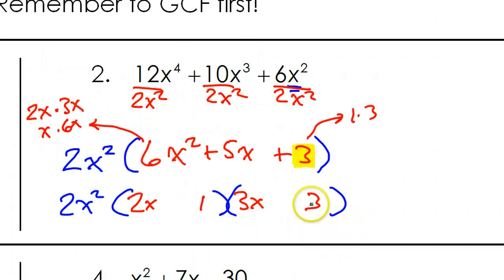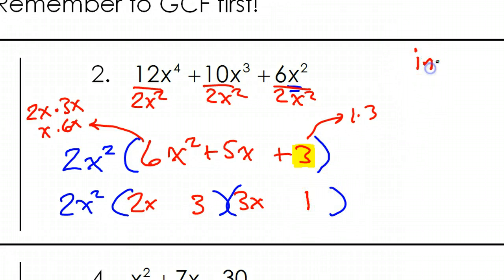I know that the 3 will not go here without even thinking about it very hard, because you should never have a common factor inside of the parentheses. If there was no common factor on the previous step, there should be no common factor suddenly now. So instead, I will put the 3 with the 2, and I'll try the 1 here.